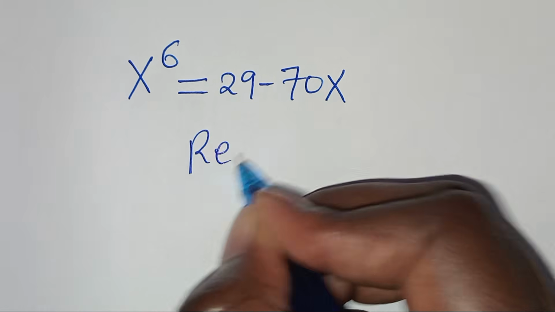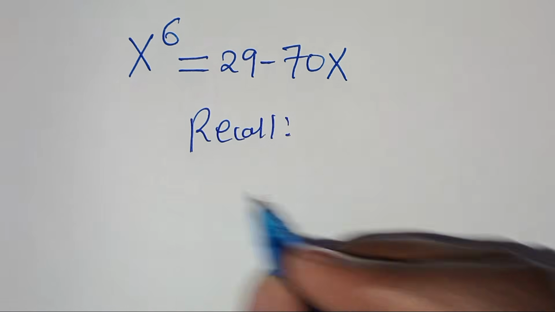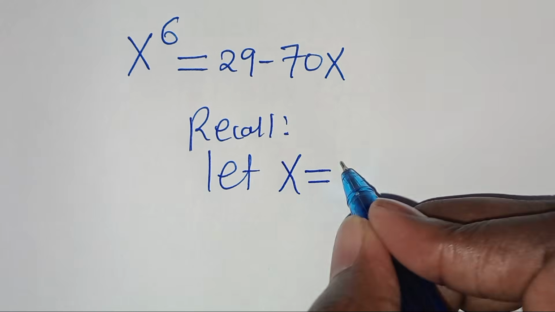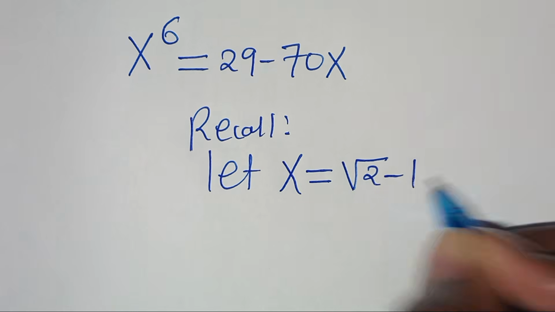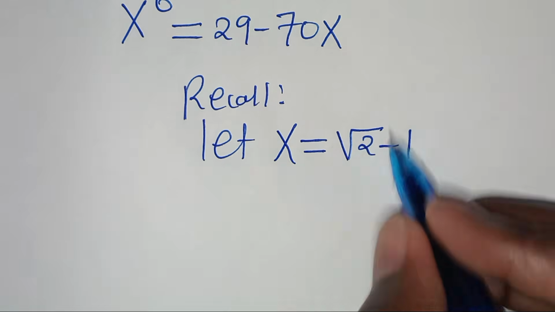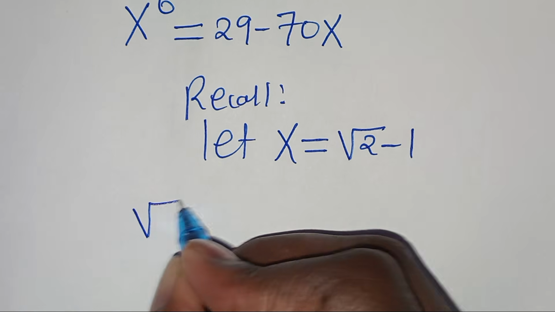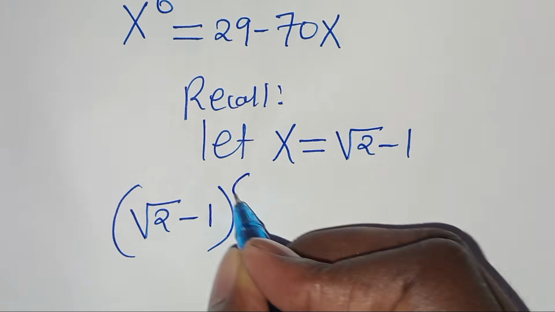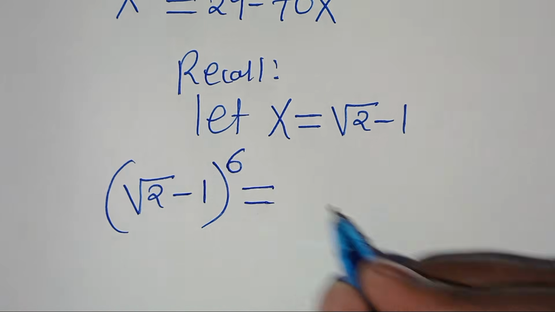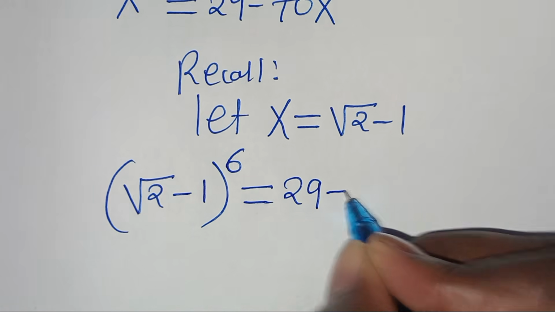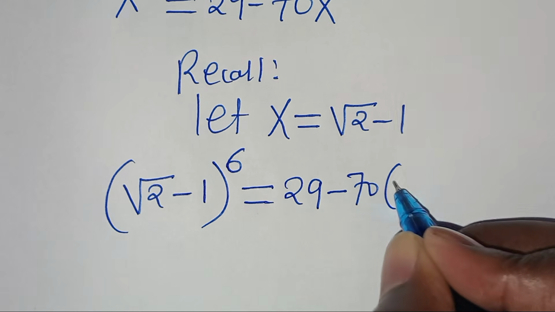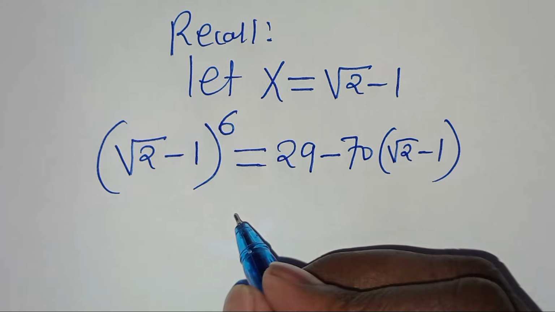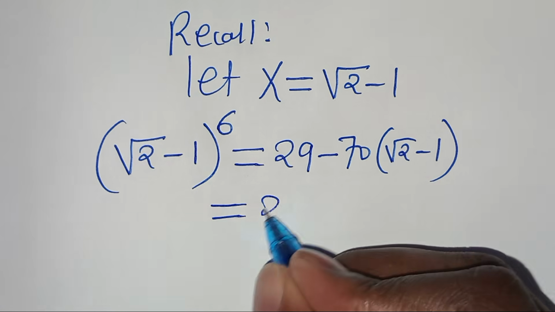If you recall, we let x be equal to square root of 2 minus 1. Let's substitute this. So we have square root of 2 minus 1 raised to the power of 6 equal to 29 minus 70 multiplied by square root of 2 minus 1. Now let's open the parentheses here.